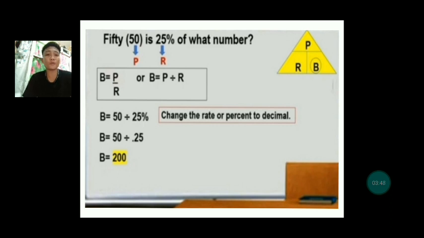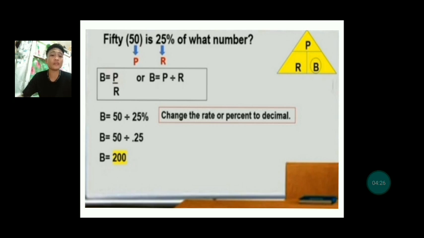P stands for percentage, so 50 is the percentage, and R is the rate. The 25 is the rate, because by the definition earlier, anything with a percent symbol is the rate. The formula is B equals P divided by R. So base equals 50 divided by 25%.